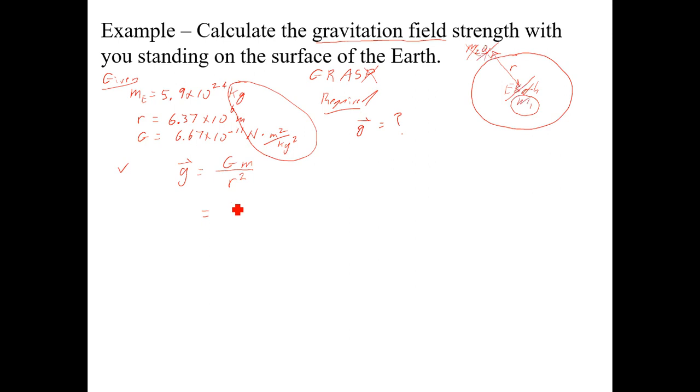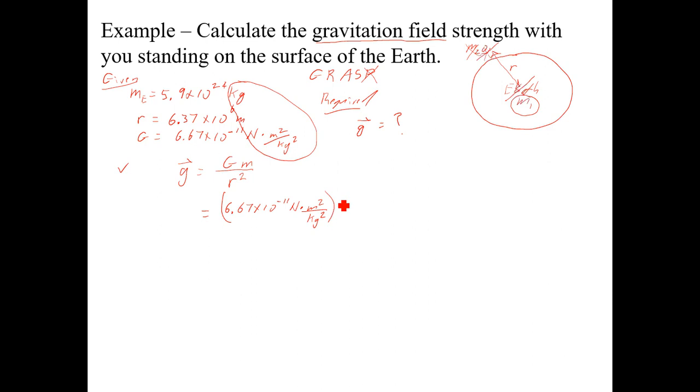Don't make any mistakes. So we have 6.67 times 10 to the negative 11. Again, write the units down, and this is where we're going to see why we're writing the units down. Meters squared per, I'm just going to write a little bit different so it's clear that we're dividing by the kilograms.